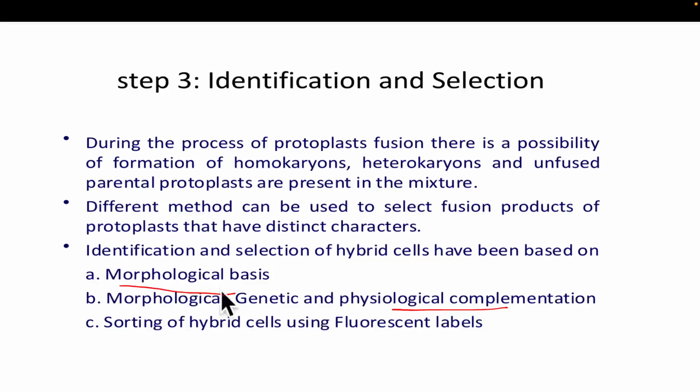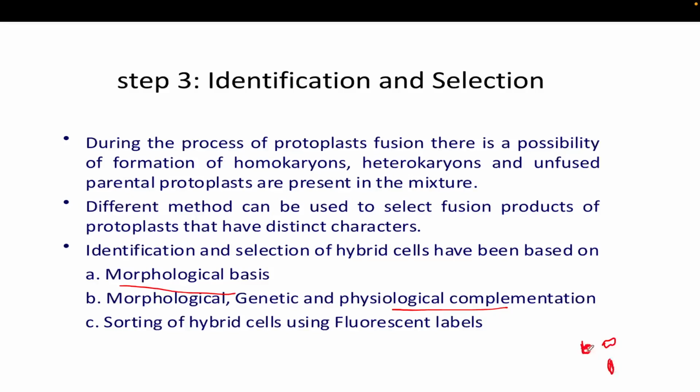In the case of the morphological basis, you know what type of shape the hybrid cell will possess. Suppose this round shape is your desired shape, and there is this kind of shape and this type of cell there.